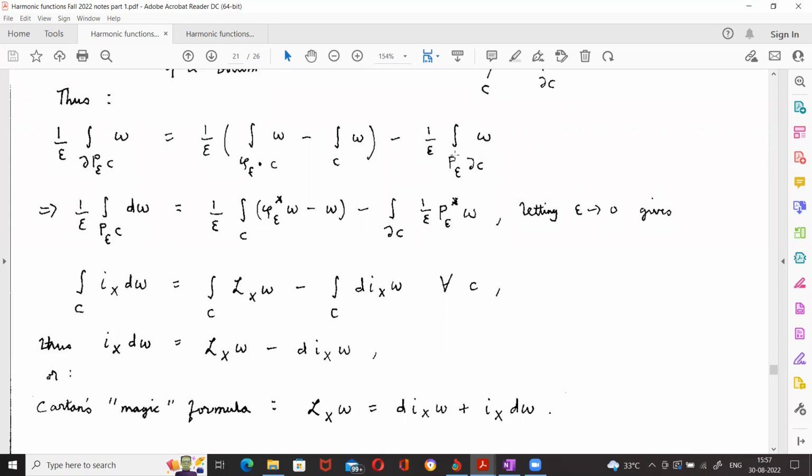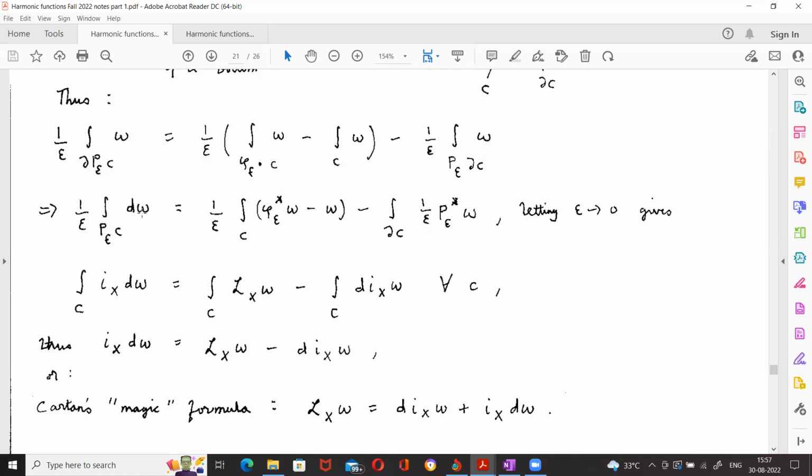And the integral over P_epsilon of the boundary of C is the same as the integral of P_epsilon star omega, with a 1 over epsilon. Sorry, this integral over the boundary becomes d omega by Stokes' theorem over P_epsilon C.